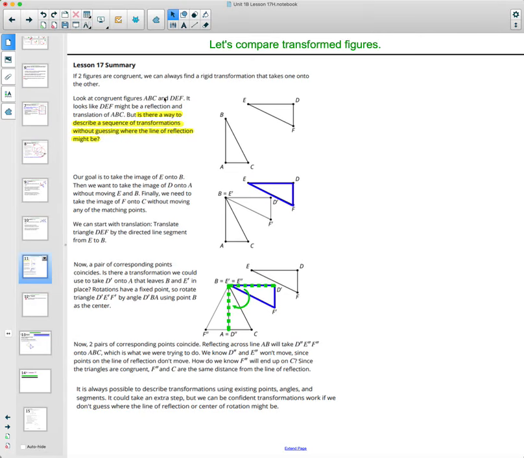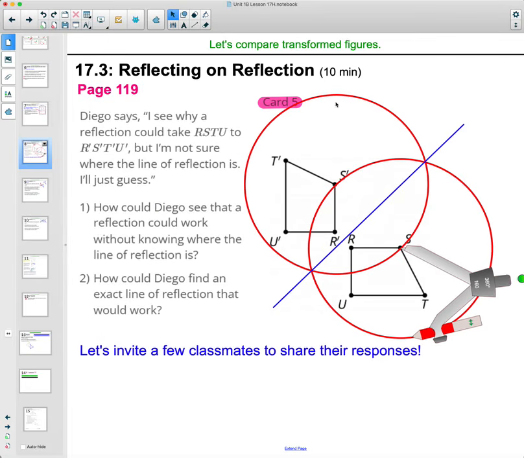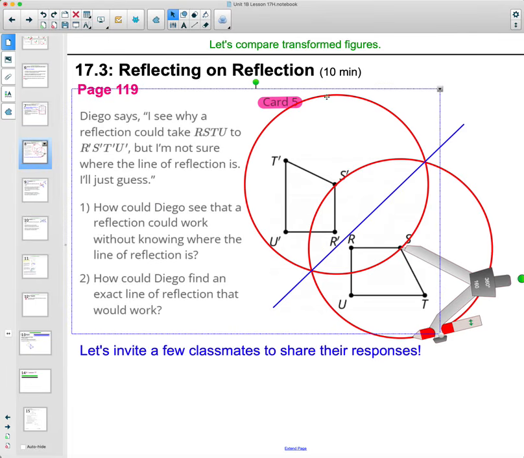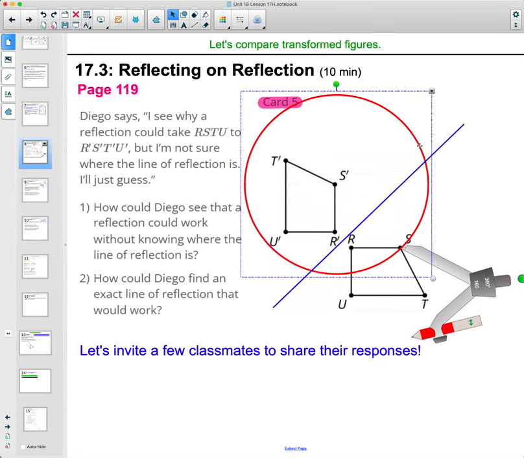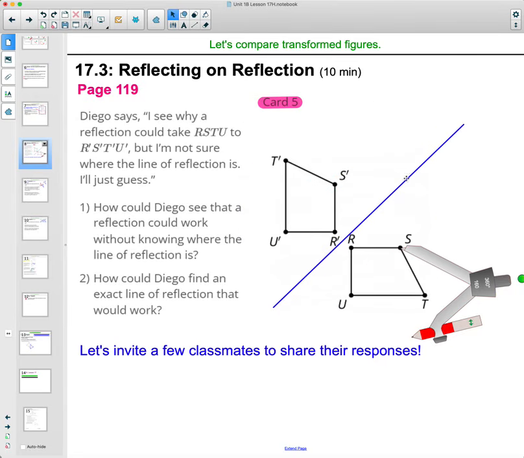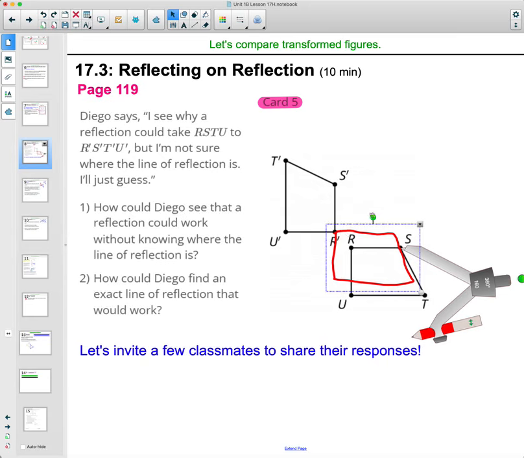Okay, so there's a way to describe a sequence of transformations without guessing. So let's go back to this one. So if we're not going to construct, okay, so let me get this stuff out. Like you could construct these, but if you didn't have your construction tools, we could have said in this one even to translate R to R prime, rotate S to S prime.